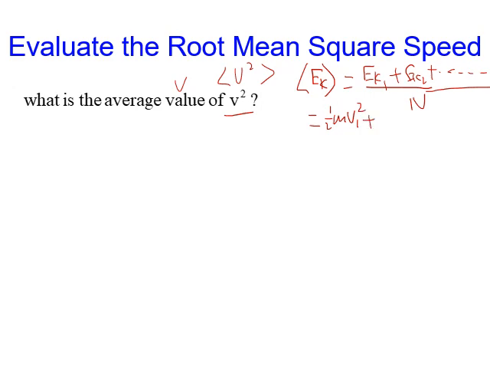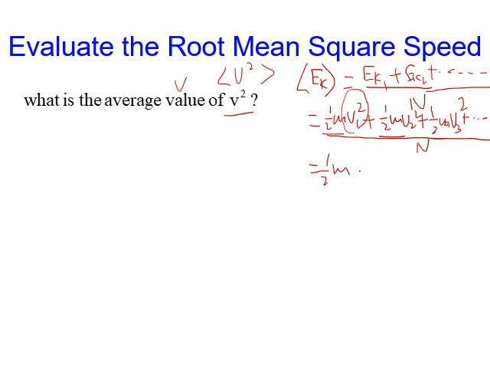You have different speeds for individual molecules, so you have half m v1 squared plus half m v2 squared plus half m v3 squared. You add all the kinetic energies of individual molecules divided by the total number of molecules. In this equation, they all have half m, so you factor out half m times v1 squared plus v2 squared plus v3 squared, you add all these v squared divided by n.